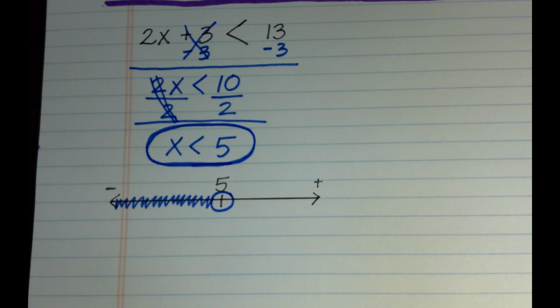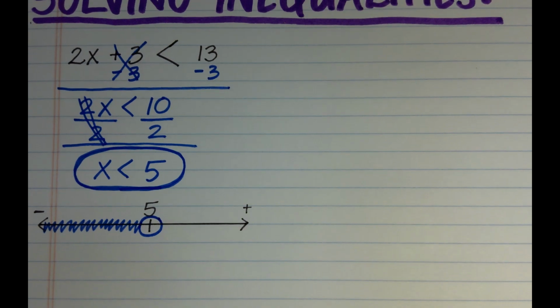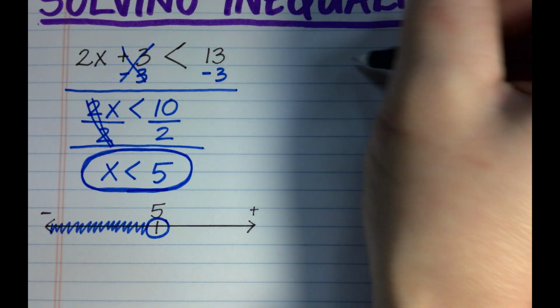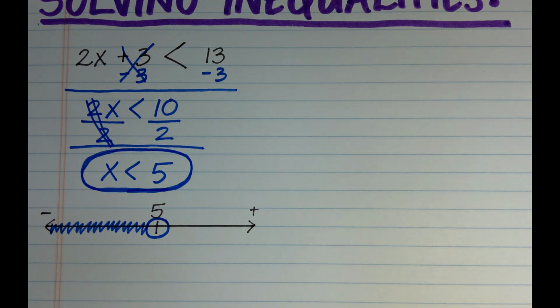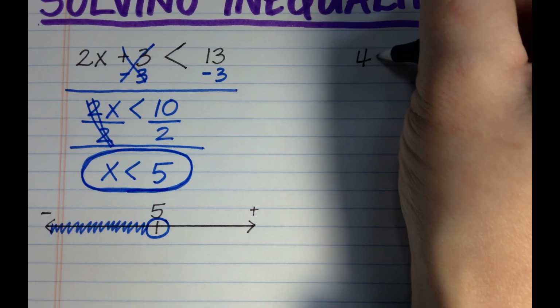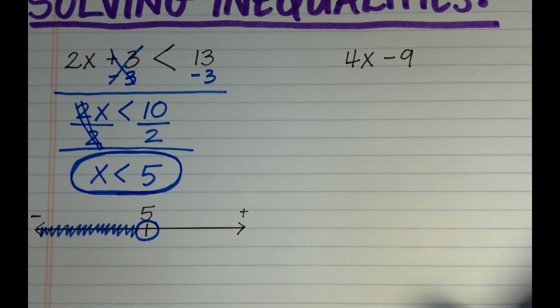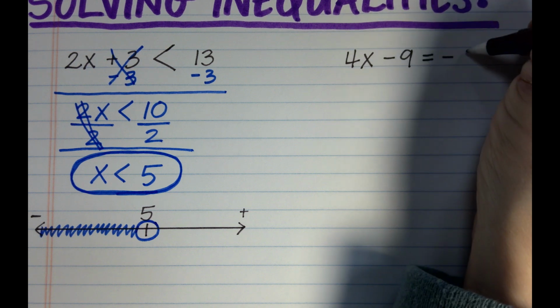Let's do another one. How about 4x minus 9 equals -9.